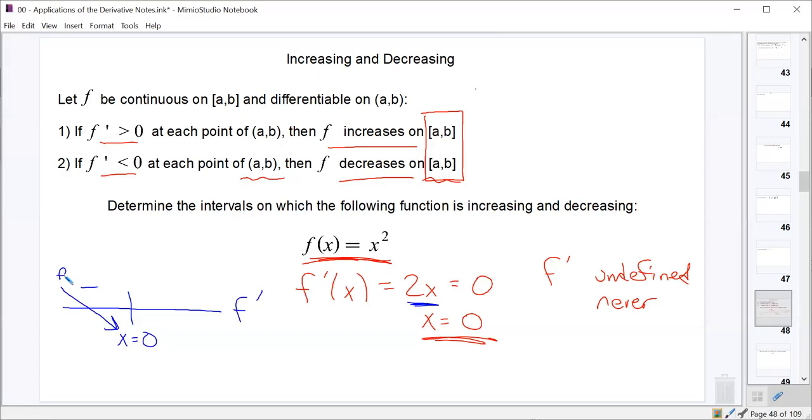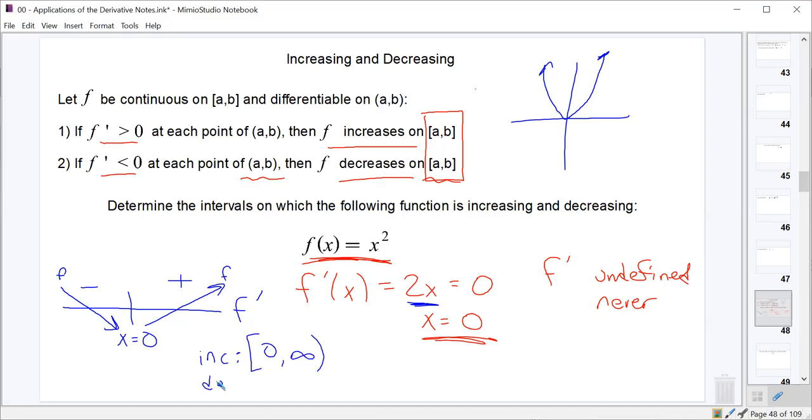And then I want to check the other interval. Anything greater than 0 plugged into the derivative, 2x, will give you a positive value, which means that f must then be increasing. And we knew this to be true because we know what f of x equals x squared looks like. It's just a regular old parabola. So this function is increasing from 0 to infinity, and it is decreasing from negative infinity to 0.